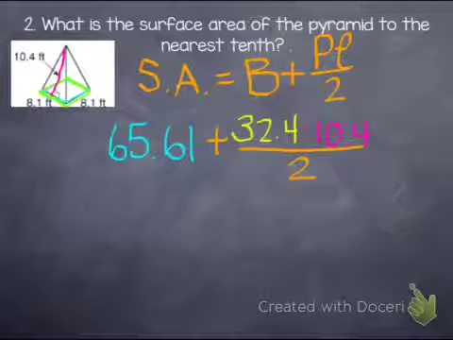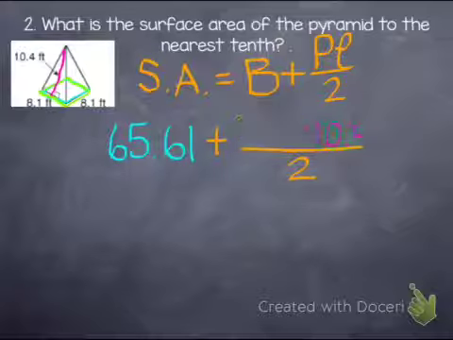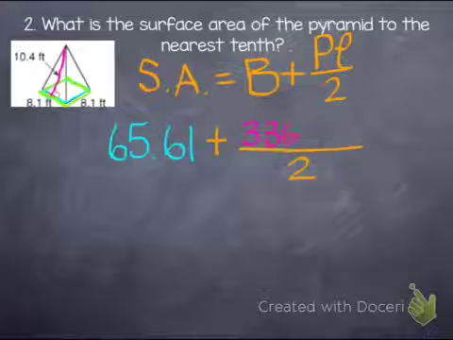So starting to simplify now, 32.4 times 10.4 is 336.96.